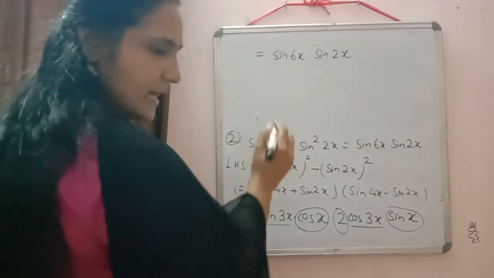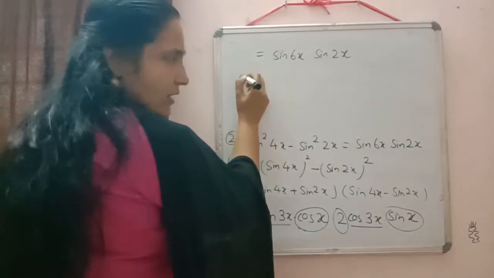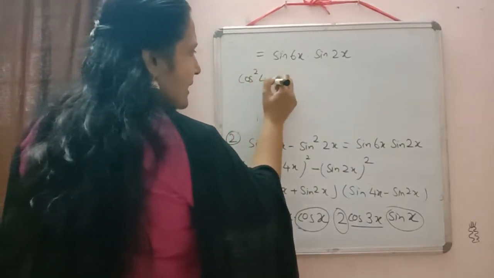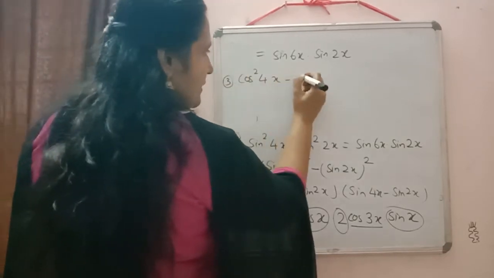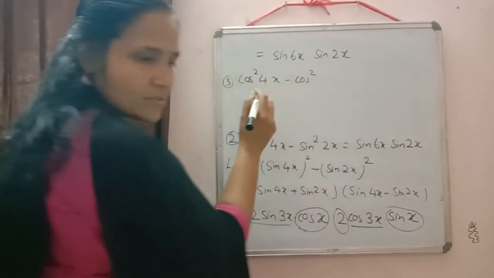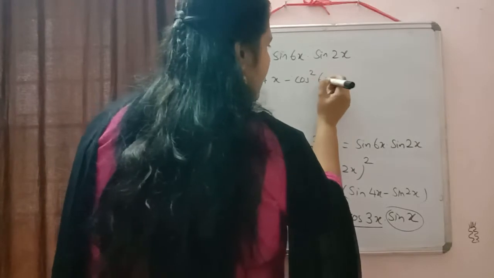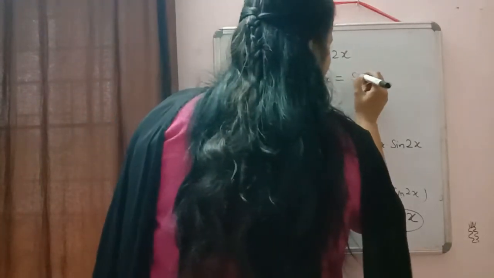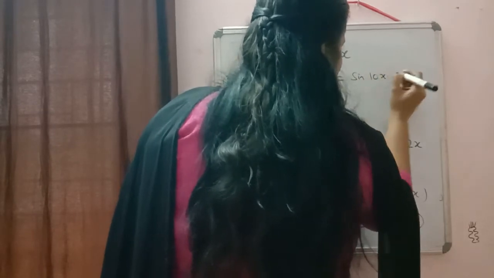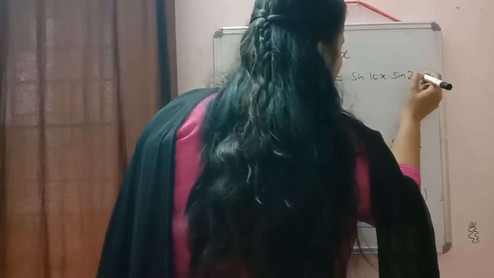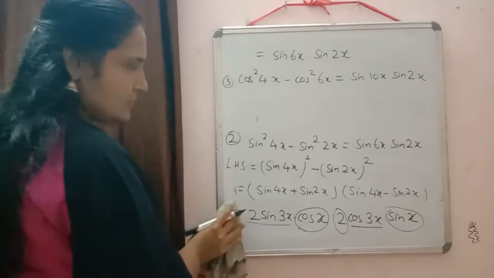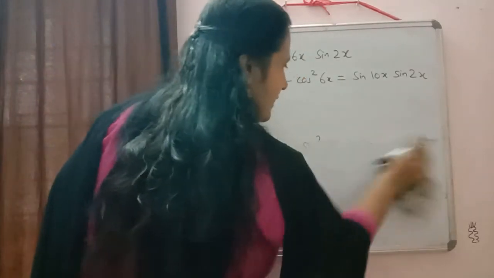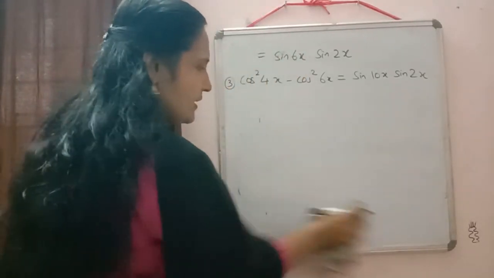Write down, prove that cos square 4x, this is third question, minus cos square 6x is equal to sin 10x into sin 2x. Sin 10x into sin 2x. So as we did in the previous one, in the left hand side what we can do?